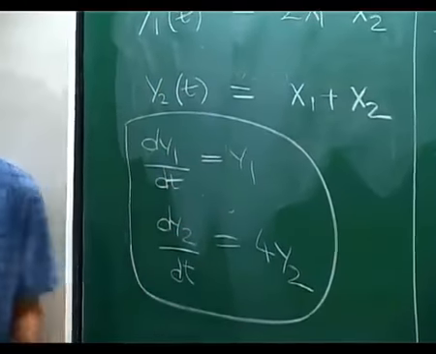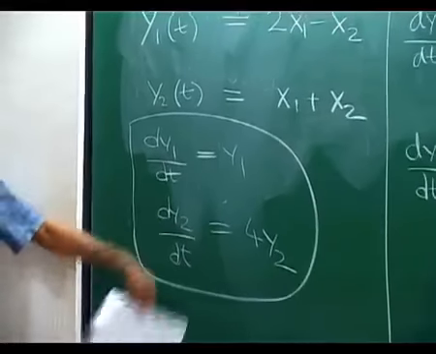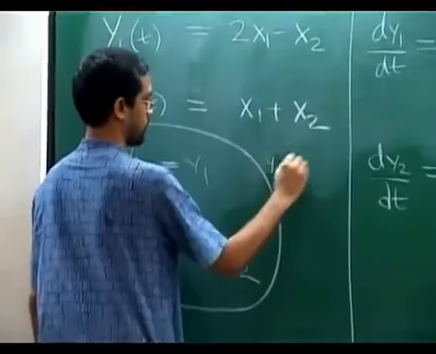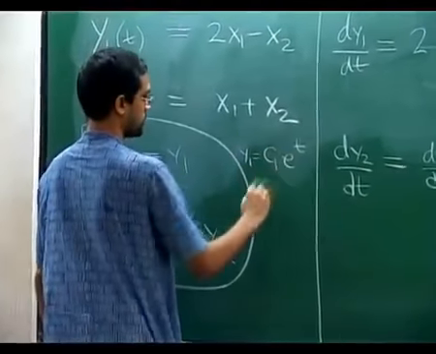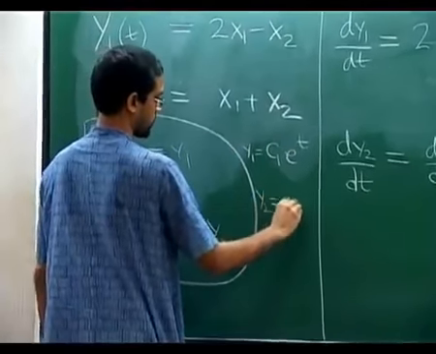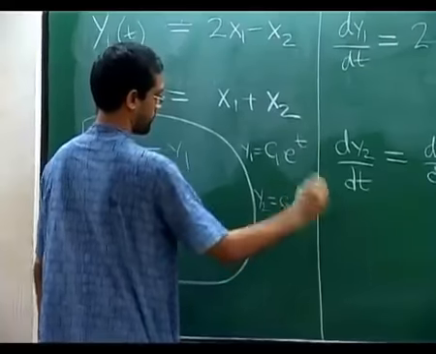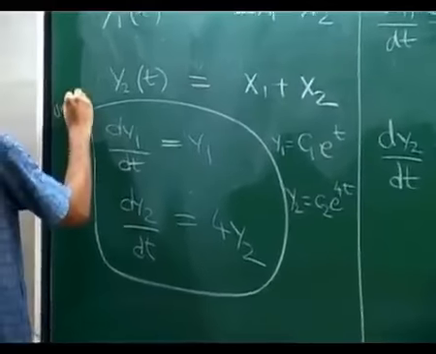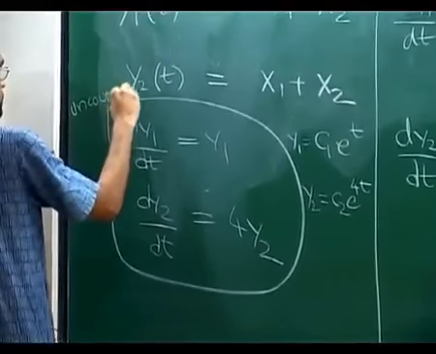I can solve them instantaneously. y1 is some constant times e to the t. y2 is some constant times e to the 4t. So these are now uncoupled. We have managed to uncouple a coupled system of equations.